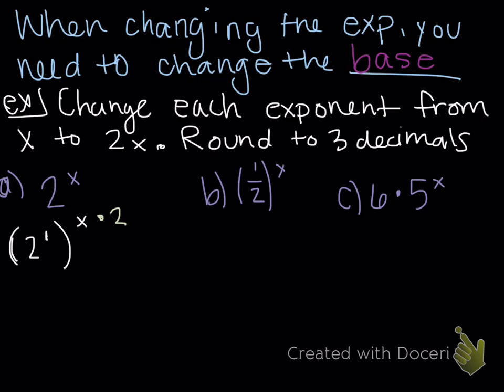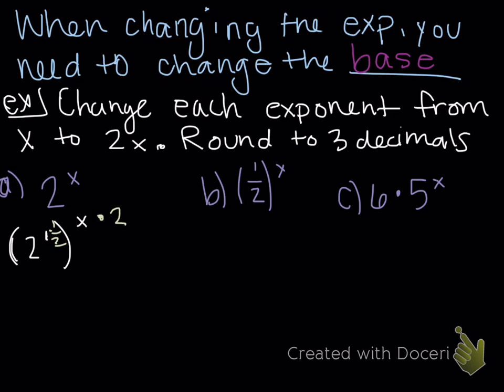However, because you are randomly adding this 2 into the problem, I need to keep things balanced. So I want to do the opposite of the 2. Because I raised the exponent to 2, I need to raise this inside exponent to a half.